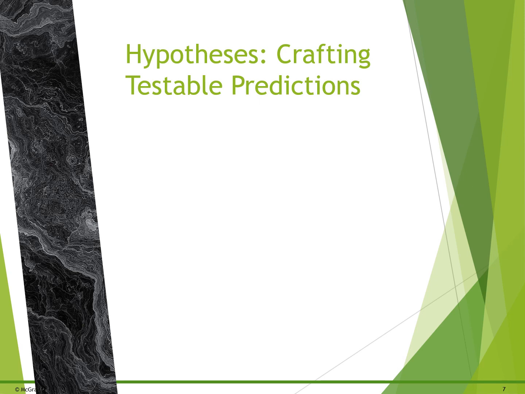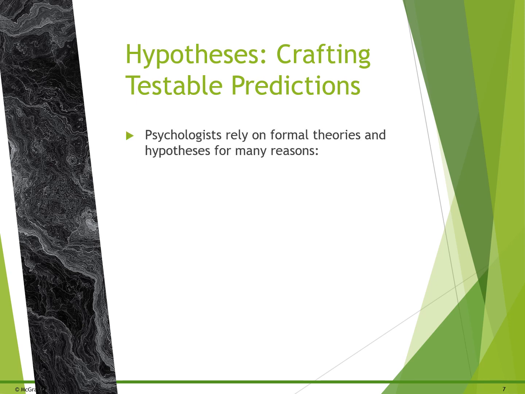Let's continue on talking about these hypotheses, crafting testable predictions. So as psychologists, we rely on formal theories and hypotheses for various reasons. We're going to list out 4 different reasons on why psychologists rely on these theories and hypotheses as they're carrying out their study.